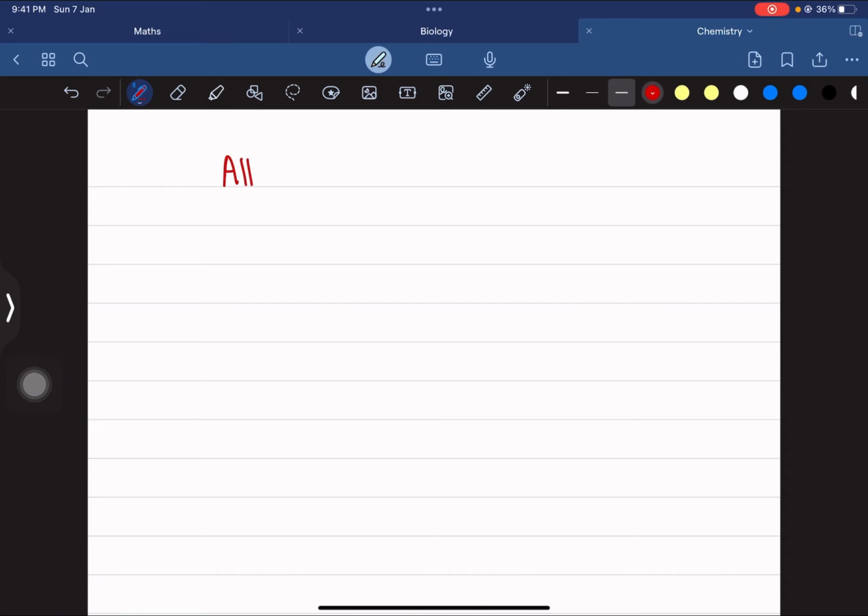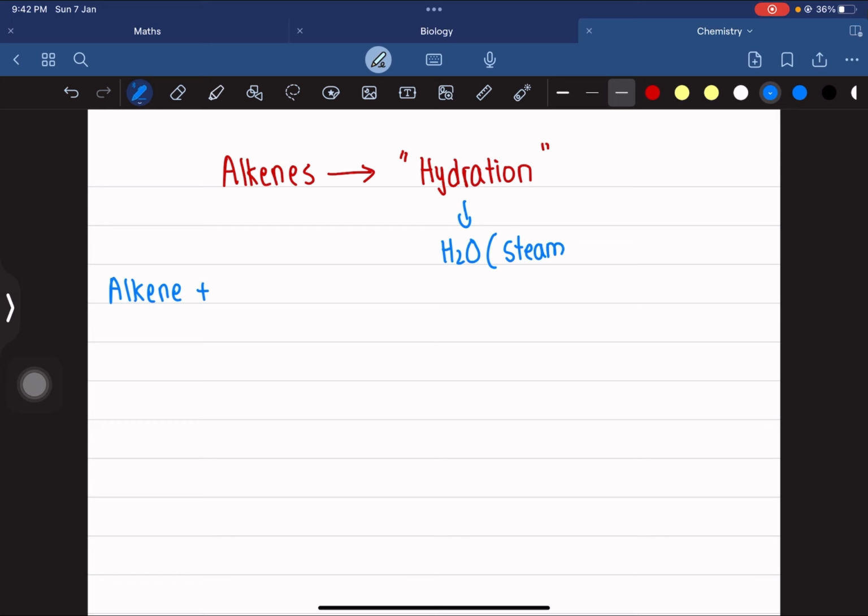Today we are going to be studying alkenes and their reactions. First of all, let's study the hydration reaction. What I mean by hydration is H2O, which should exist in the form of steam.